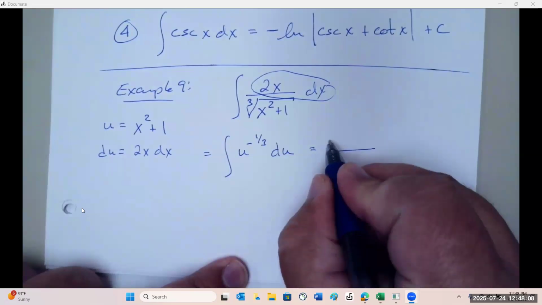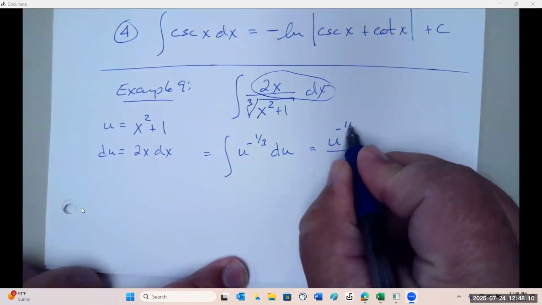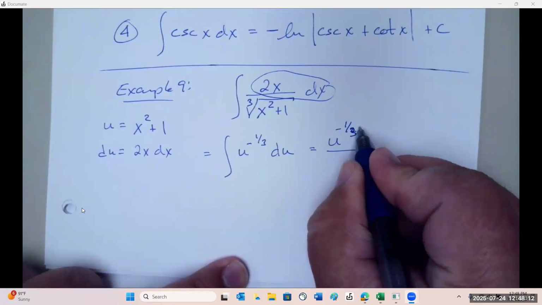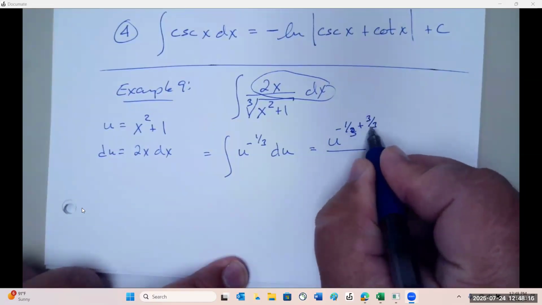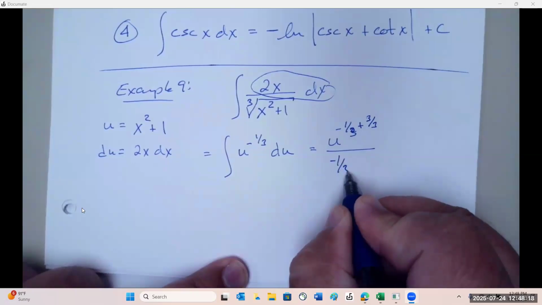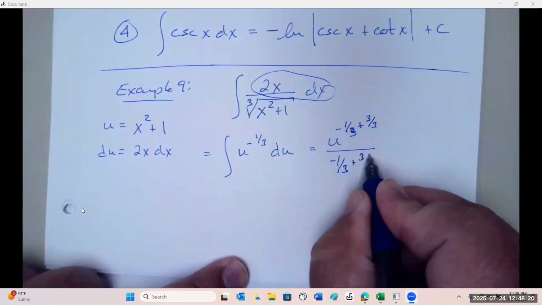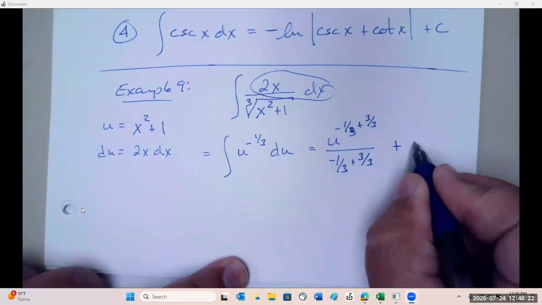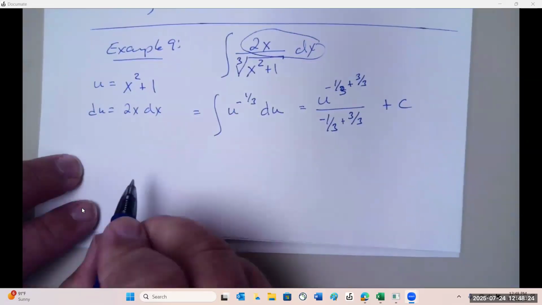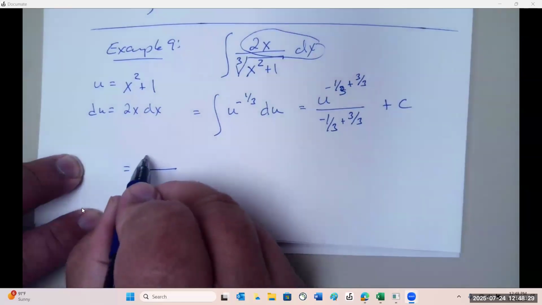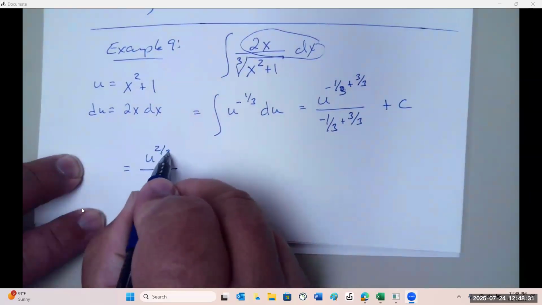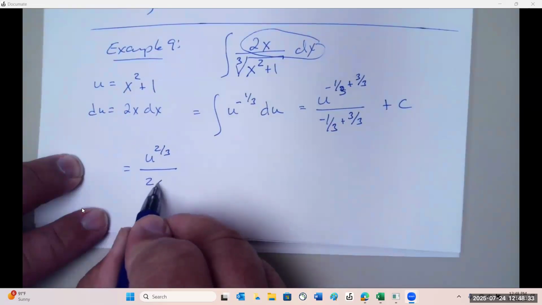So the integral of u to the -1/3 is u to the -1/3 plus 1, which is plus 3/3, so u to the power 2/3 over 2/3.